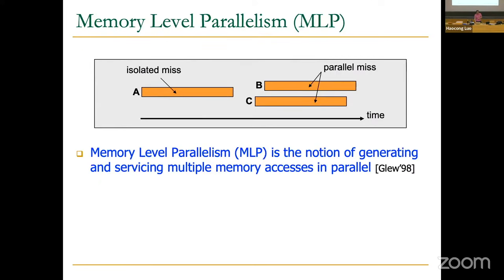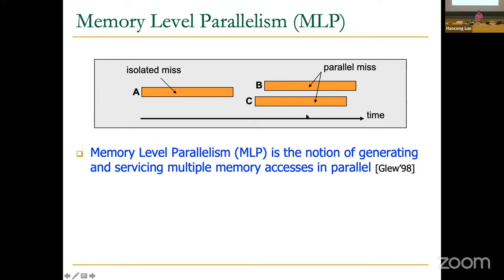But let's take a look at one example of this. This is the notion of memory level parallelism, and I alluded to it in an earlier lecture, but we never really looked at it. Modern processors can actually have different types of cache misses. If you look at this cache miss over here, it's isolated. There is no other cache miss happening at the same time, which means the latency of this cache miss is fully exposed to the processor, assuming it stalls the processor.